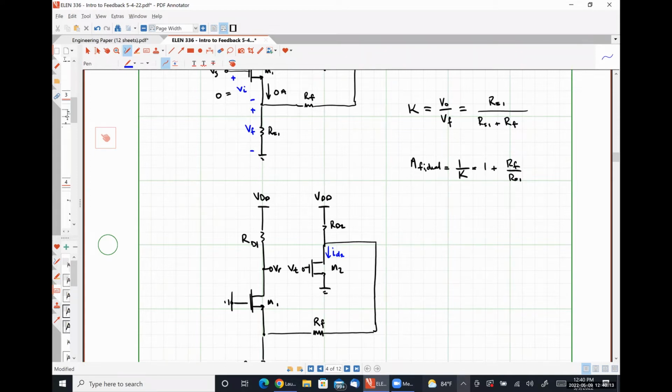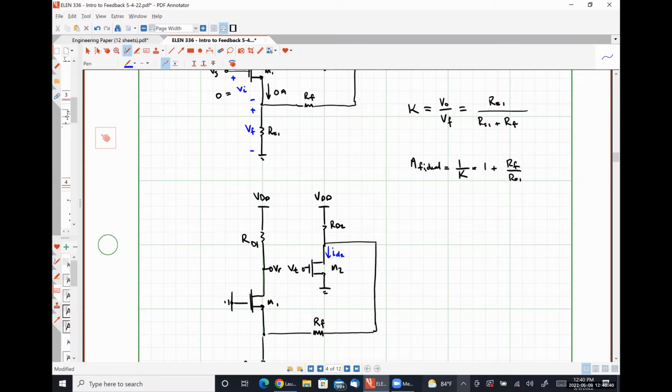Some portion of it is going to flow through RD2, and some portion is going to flow down through this potential path. And some portion of that is going to flow through transistor ID1, which tells us effectively what our voltage VR is that we're looking for.